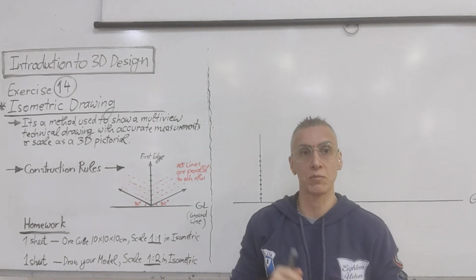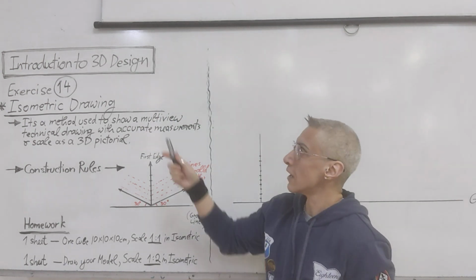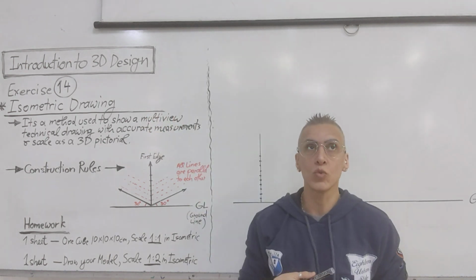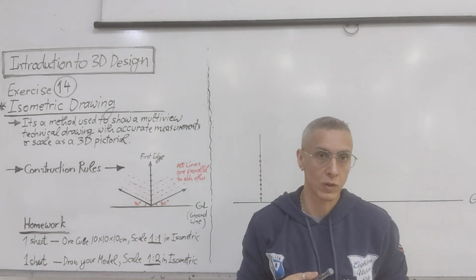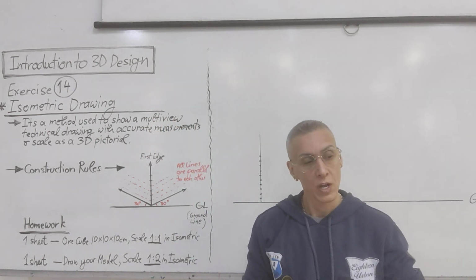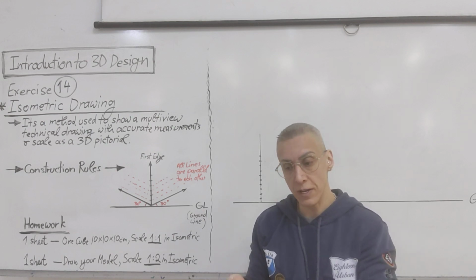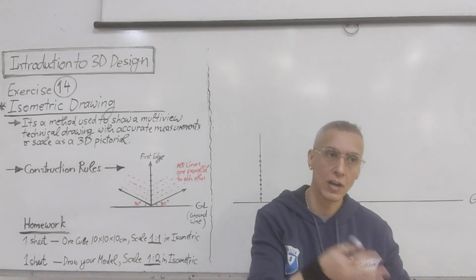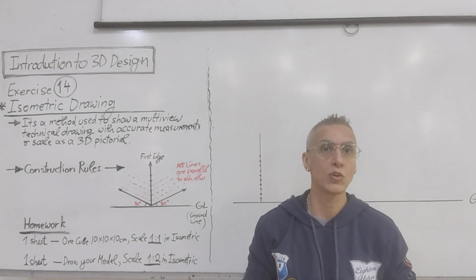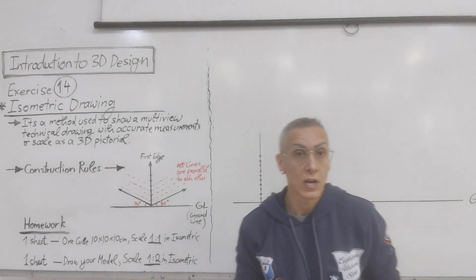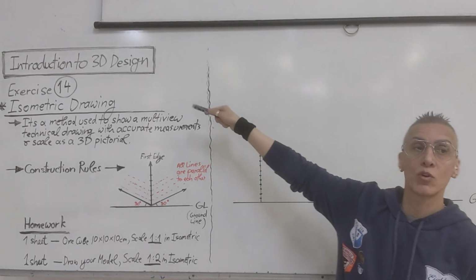This is another type of pictorial, and the isometric drawing is used more than the oblique drawing in design. So when you have the orthographic, you will see that the isometric is asked of you all the time. And there is one reason why it is more popular.